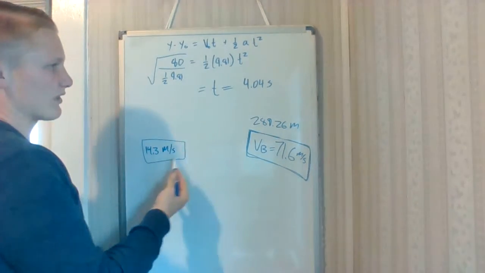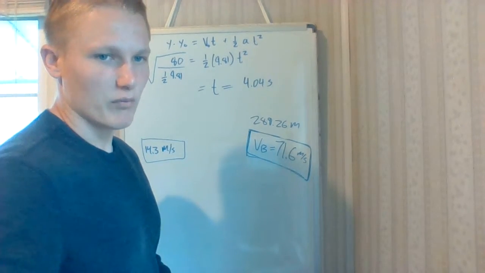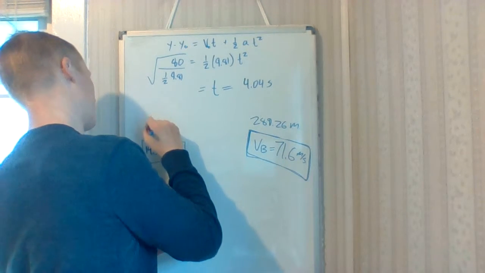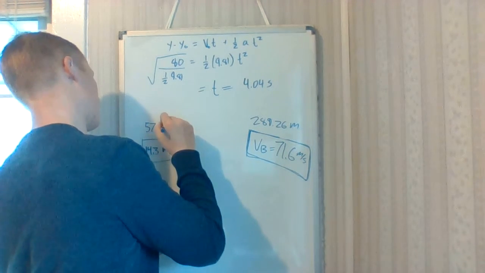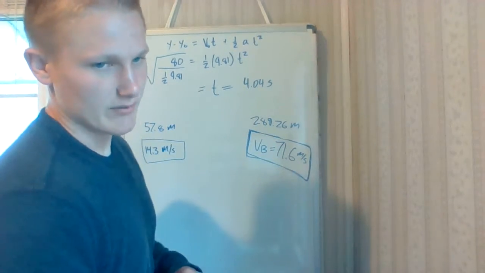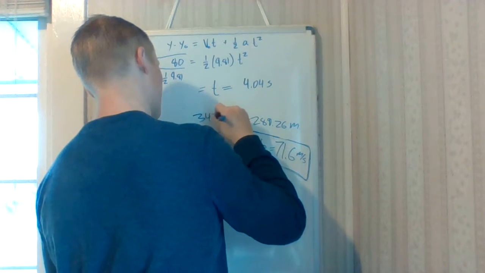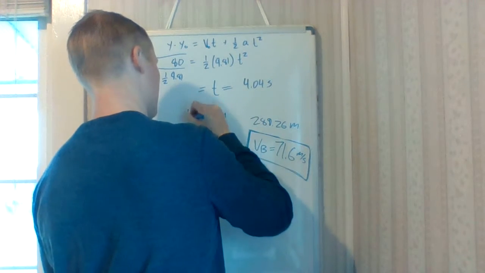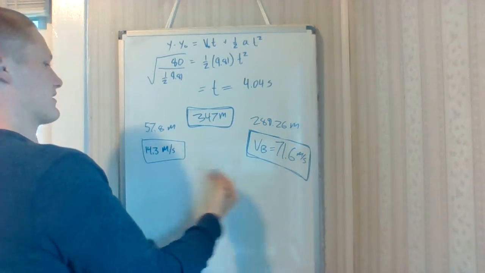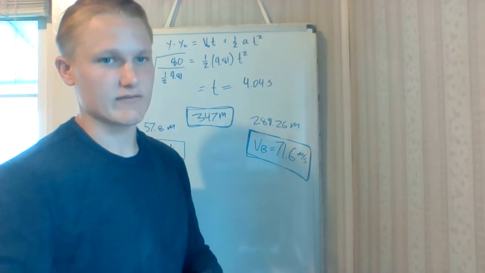And then the 14.3 meters per second times 4.04 seconds gives us 57.8 meters. Now when you combine the two, that's where you come out to 347 meters apart. So these are their speeds, and that's how far apart they are when they hit the ground. And that is it for question 97.